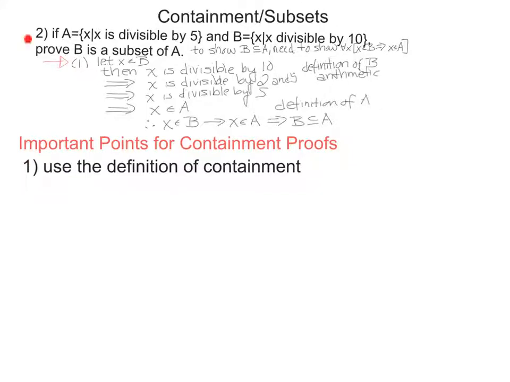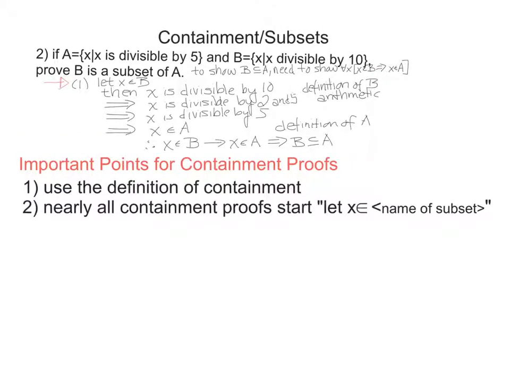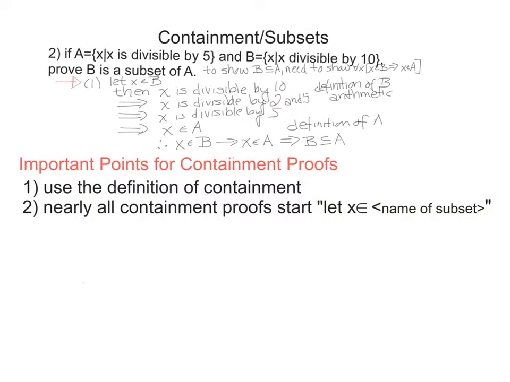In this example, we specifically wrote out the definition: B is contained in A means that for all X, X is in B implies X is in A. Second important point, nearly all containment proofs start with the words let X be an element of the name of the subset. And you can see that right here: let X be an element of B. In this case, B is what we're trying to prove is the subset of A.